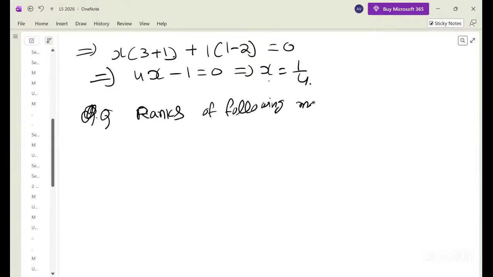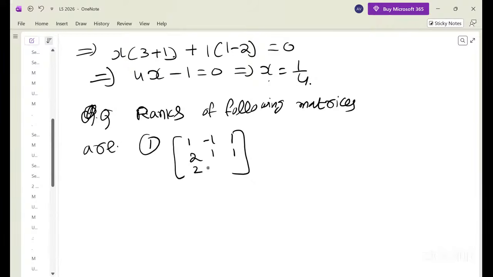We'll take small matrices first. I'm taking only square matrices at present, and later I'll go for rectangular ones also.